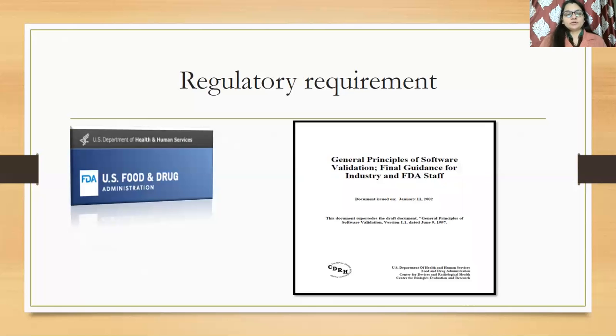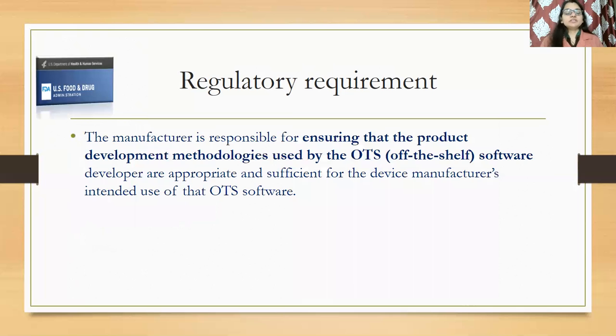Regulatory requirement: a very well-known guideline is General Principles of Software Validation, Final Guidance for Industry and FDA Staff, from January 11, 2002. It is a very good guideline which can guide us about the requirement of the supplier and the requirement of the computer system, and some bullet points are collected here.